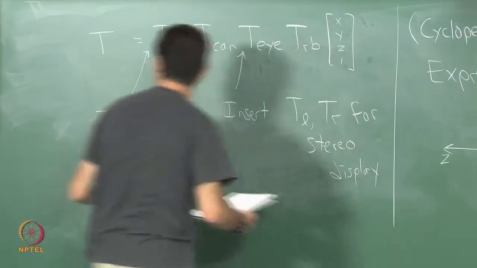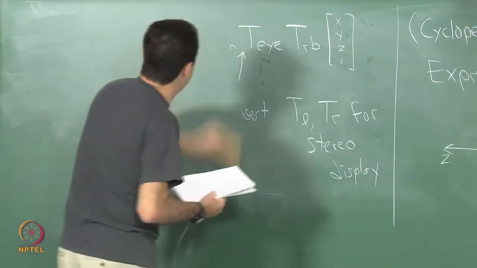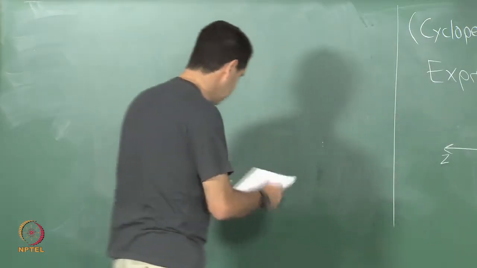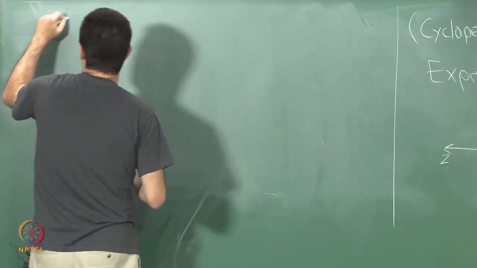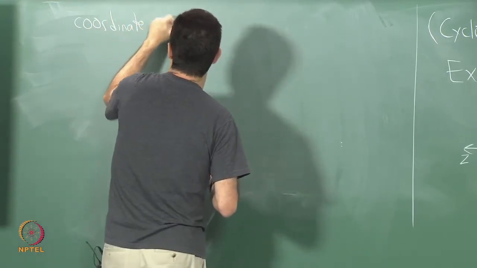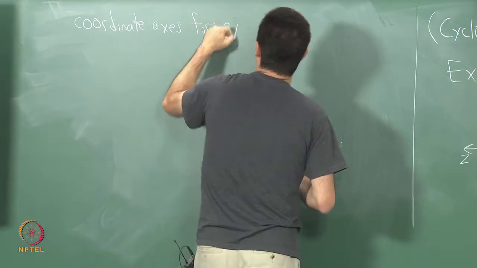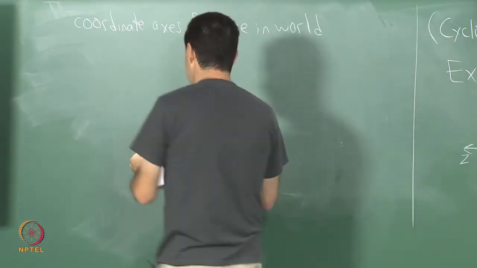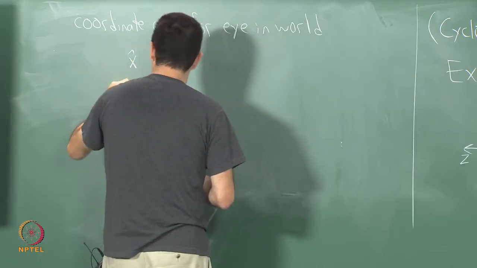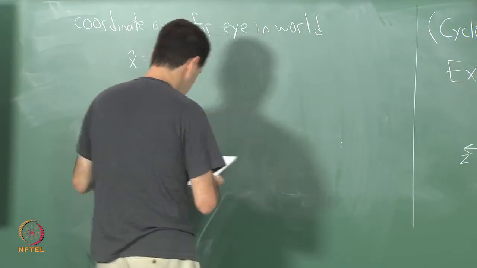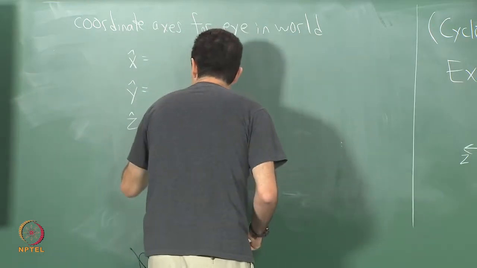So if I want to figure out these axes, the coordinate axes for the eye in the world, then I get x hat, y hat, z hat for these. And as I said, z hat is going to be minus c hat.